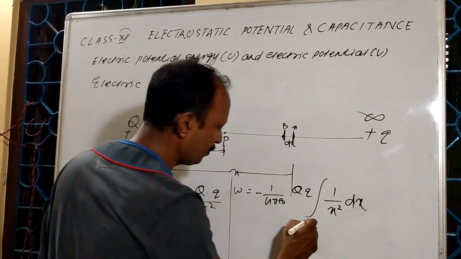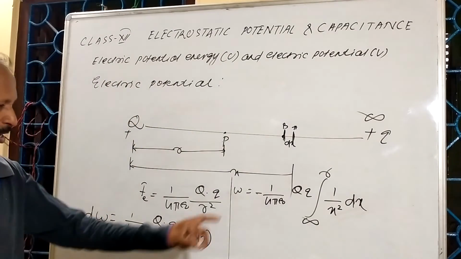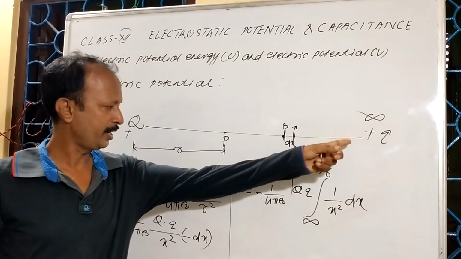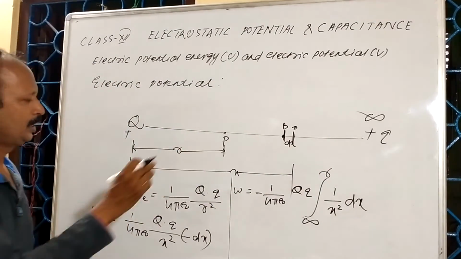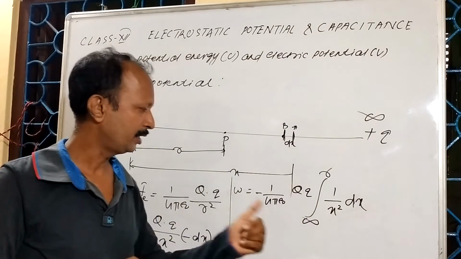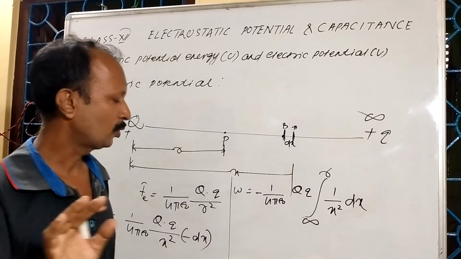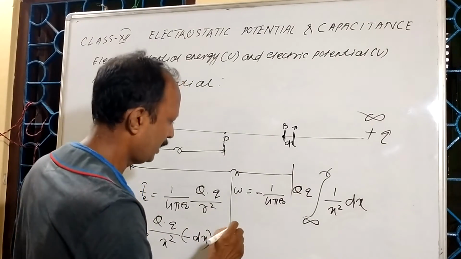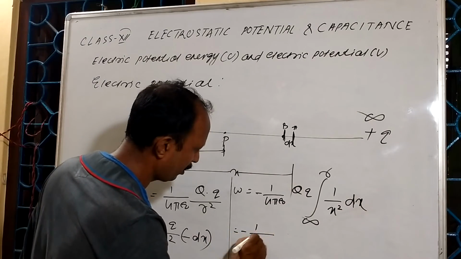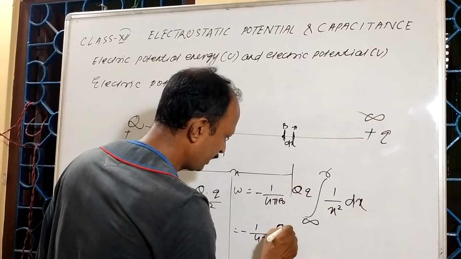This is from infinity to the distance r, I am bringing it from the point infinity to this distance. So this is equal to minus 1 upon 4 pi epsilon naught, Q into q.